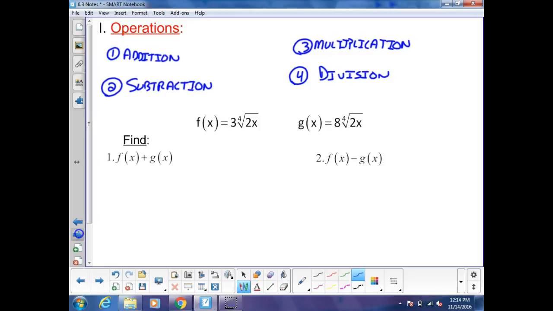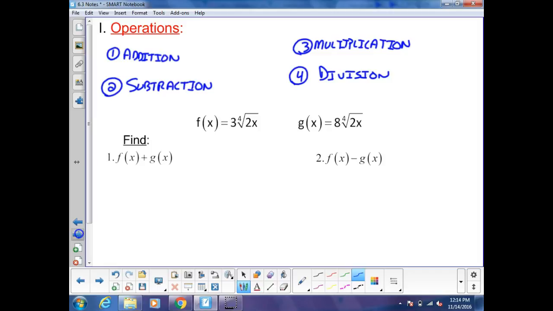Now, the basic rules of addition, subtraction, multiplication, and division, rules that you've been working with for over a decade, still hold. Okay? Don't be scared by what the function looks like. Your basic rules still hold.